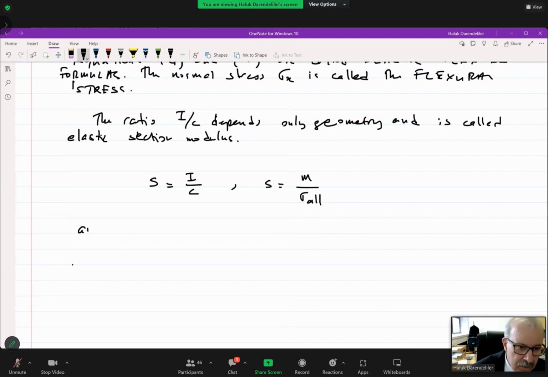So here, obviously, the maximum stress sigma m, without referring to any other quantity, is M over S as our sixth equation.